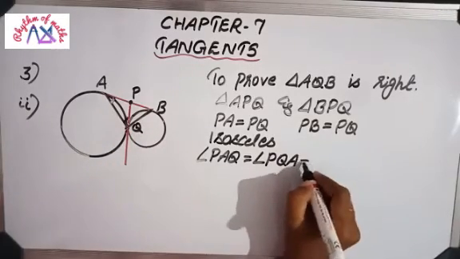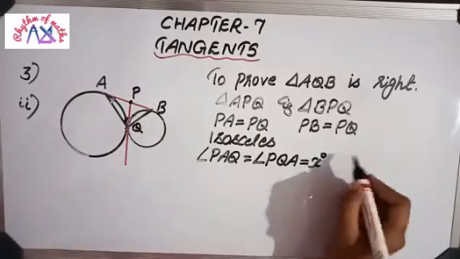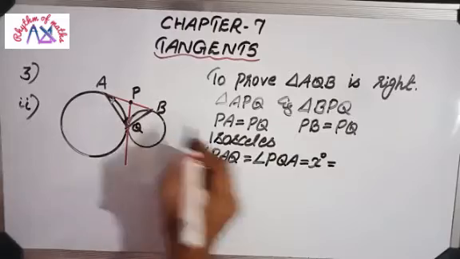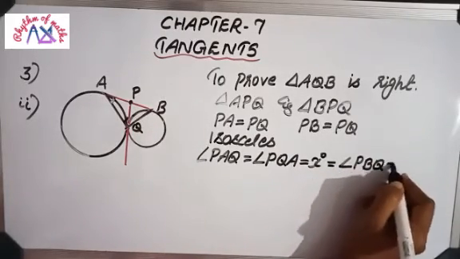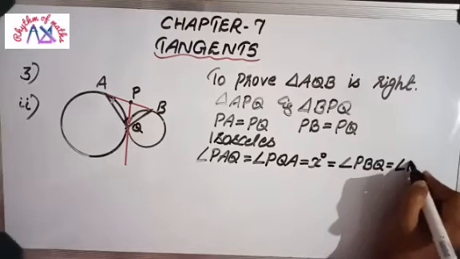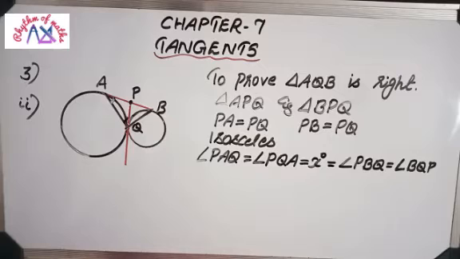Let's consider that angle as x degree. Similarly, here also it will be same. Second triangle angles are what? Angle PBQ is equal to angle BQP. That also same x degree. Now we know sum of all the angles of a triangle is what? 180 degrees.